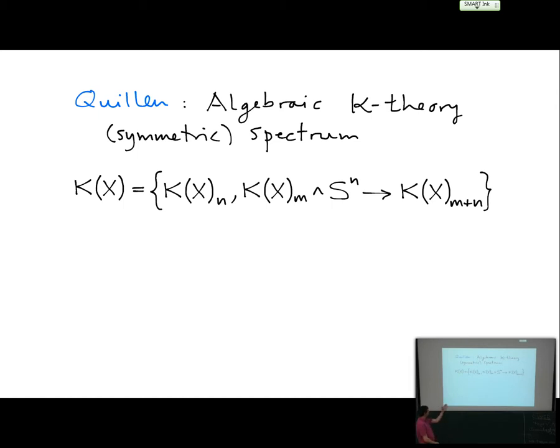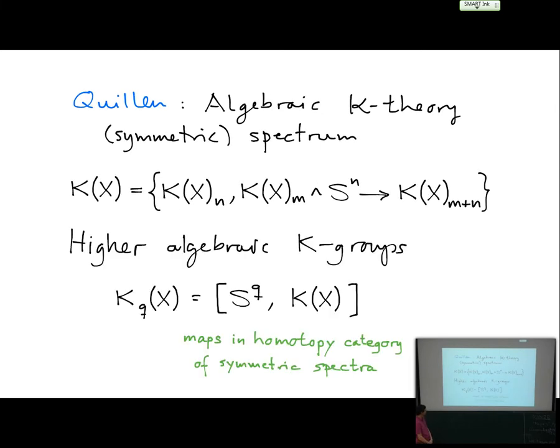And here symmetric means that you can have the symmetric group on m letters acting on the m-th space, and this makes it possible to define this strictly associative smash product. And then by definition, the higher K groups are the homotopy groups of this spectrum. So it's maps in the homotopy category of symmetric spectra from the q-sphere to the K-theory spectrum.